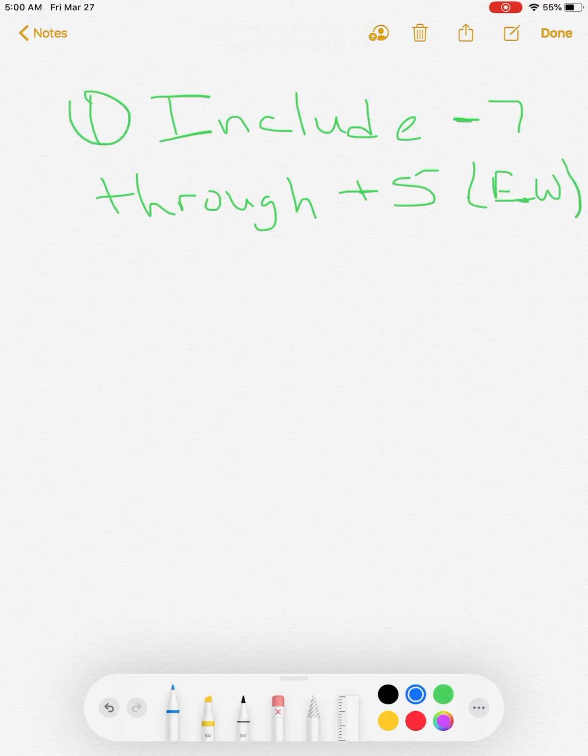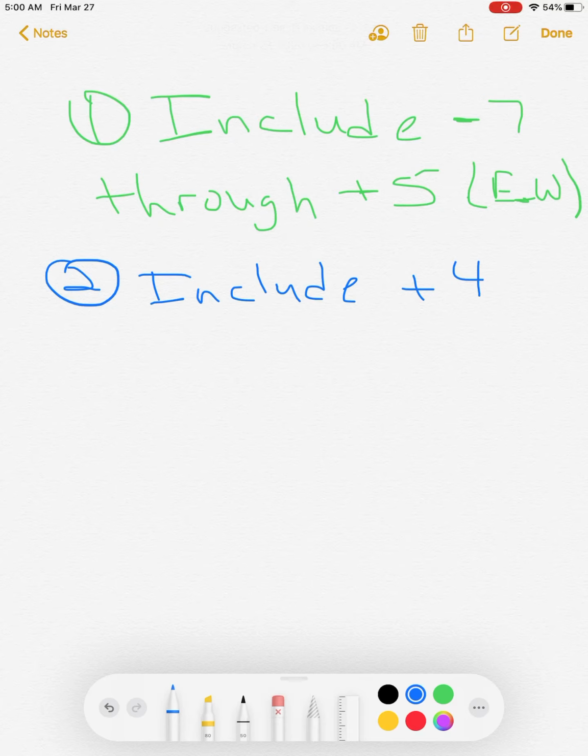The next one, practice number line number 2, should include +4 through -4. And this one should be a north-south number line, up and down number line.